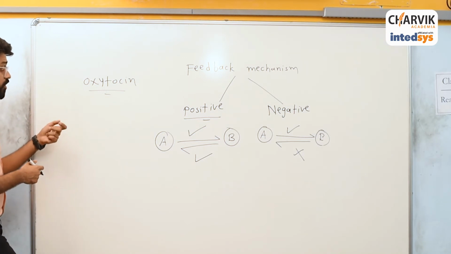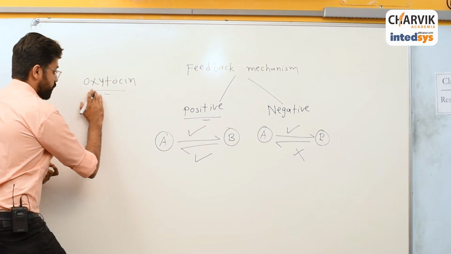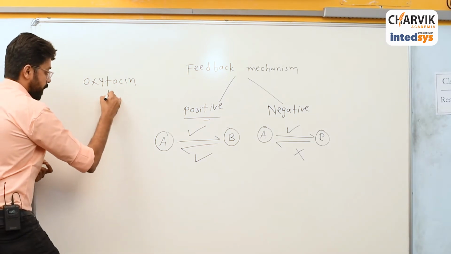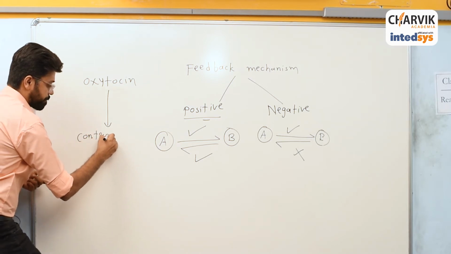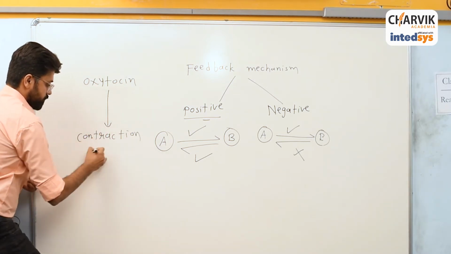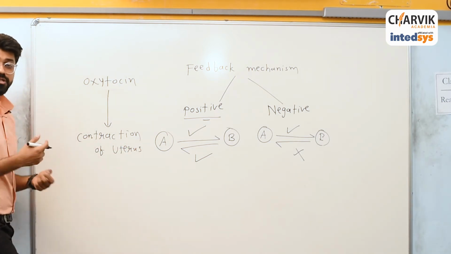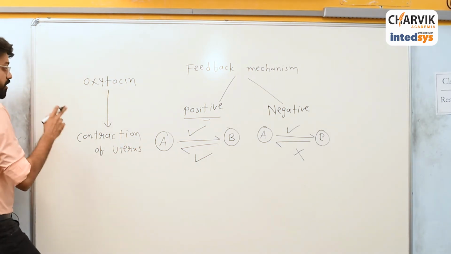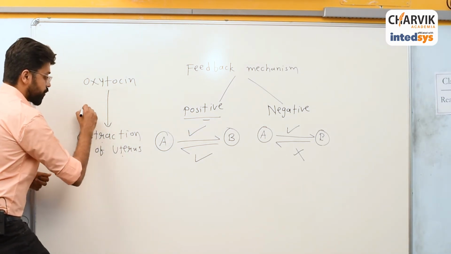This hormone oxytocin is secreted by the posterior pituitary gland. What is the significance of oxytocin? It promotes contraction of the uterus during parturition, meaning during delivery of the baby. Now understand, oxytocin is stimulating the contraction of the uterus.